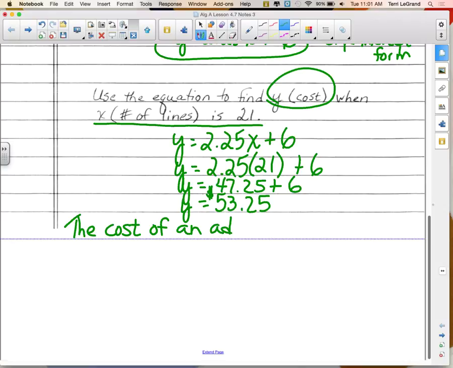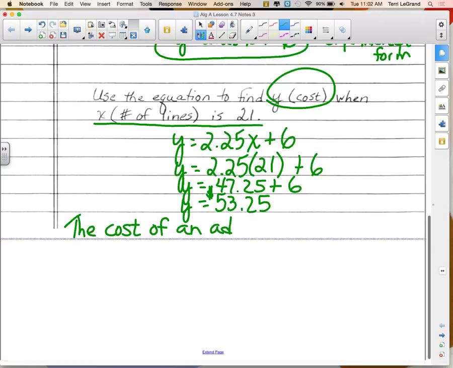Because this equation actually found, we could use the word total, but we don't have to because we already factored in the extra fee. We already added that in, so it would be a good idea maybe to use the word total. But basically, what we're saying is, if you're going to go in and take out a 21-line ad, it's going to cost you this much money. Okay, so you can use total if you want.